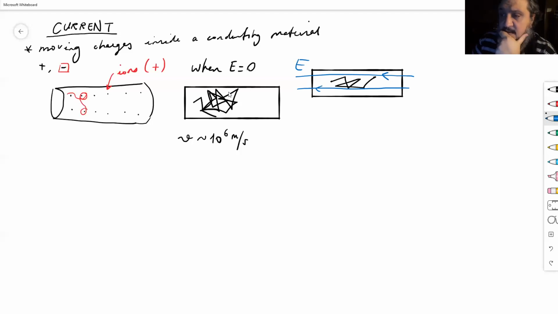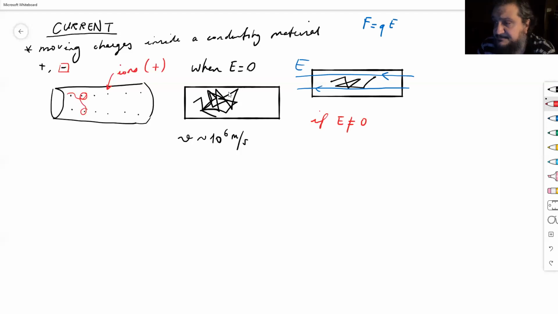All right. What happens is while the electron moves, it's going to experience a force, right? There's going to be a force experienced by the electron according to our relation here. So if E is not 0 anymore, then you would expect this electric field to affect the motion.